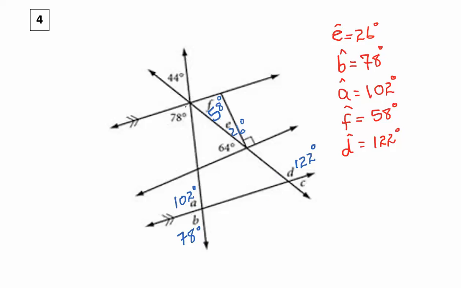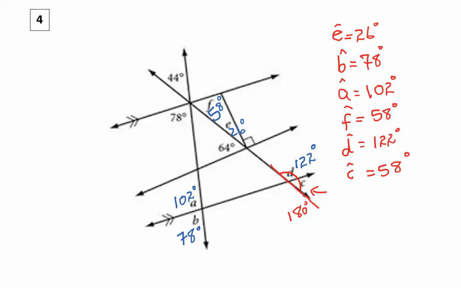Right, now again, I've got two angles on a straight line. They are supplementary. The two of them should equal 180 when added together. And because that's 122, angle C will also equal 58 degrees.